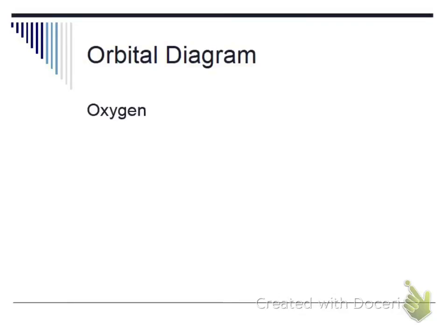According to the chart, how many electrons does the p sublevel hold? 6. Over here is the p block. Guess how many groups are in there? 6. You're finally going to understand why the periodic table is arranged the way it is. Each one, p1, everything in that group is filling the p1.